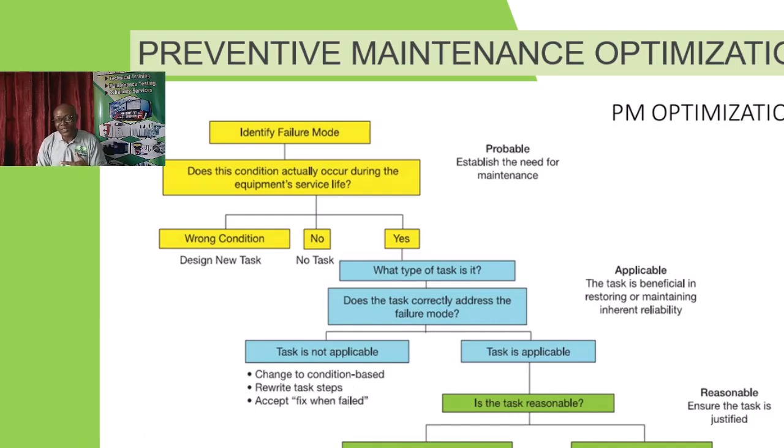If there is none to be applied, well, we can allow it to run to failure, especially if it is feasible for it to run to failure. Or, if it is possible, we can create a redundant unit or a parallel unit. Of course, if it is feasible, that will help us to improve the reliability of that system. So the next question we'll ask ourselves is, is the task applicable?